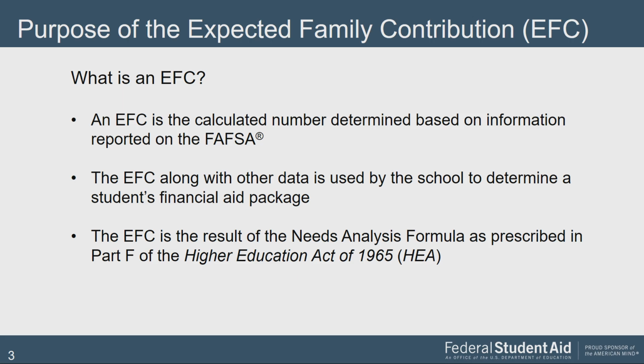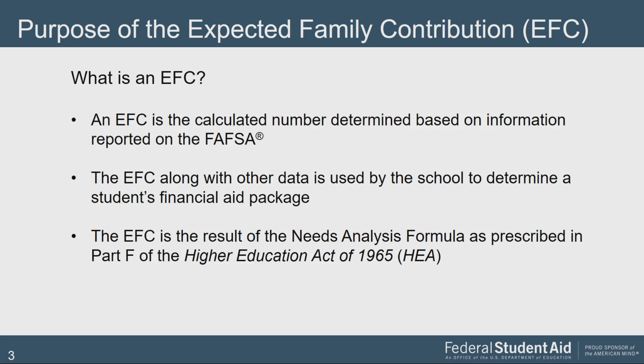So what is an EFC calculation? An EFC is a calculated number determined based on information reported on the FAFSA. Along with other data, it's used by schools to determine students' financial aid packages. And as you know, at schools, it's not just federal aid. A lot of schools and organizations use the EFC also for institutional aid and organizational aid.